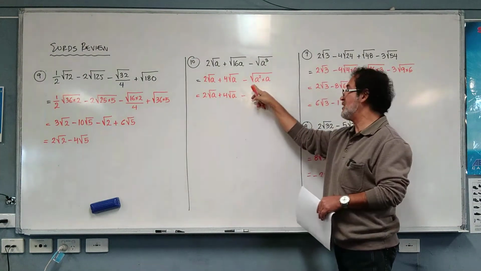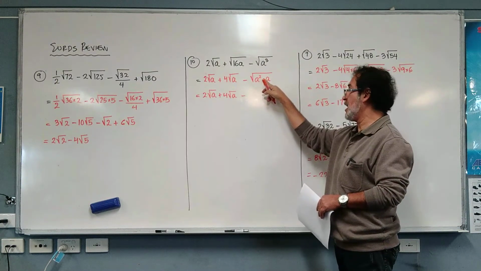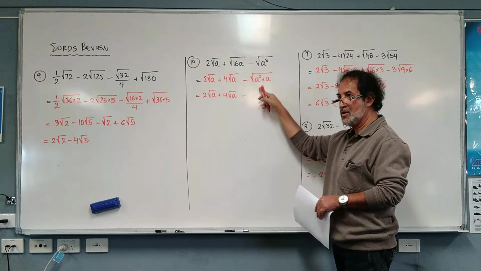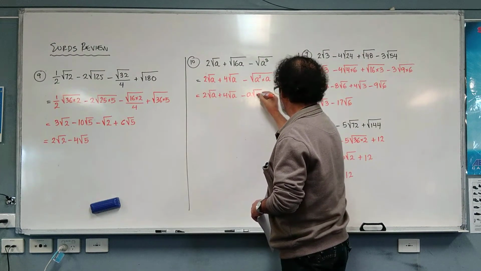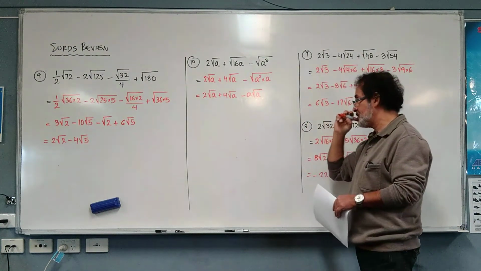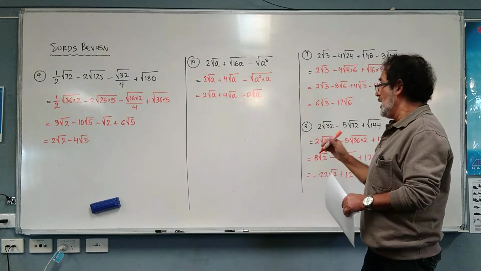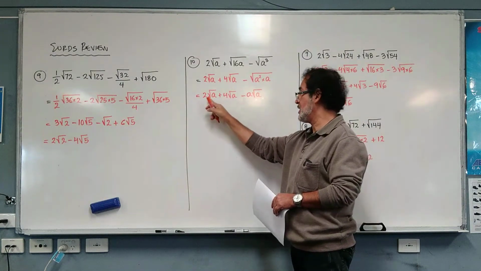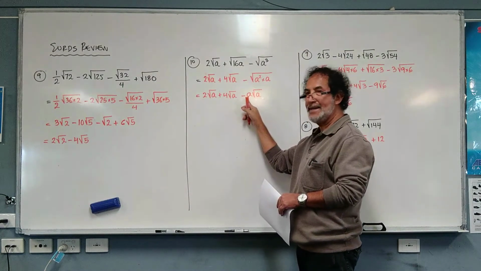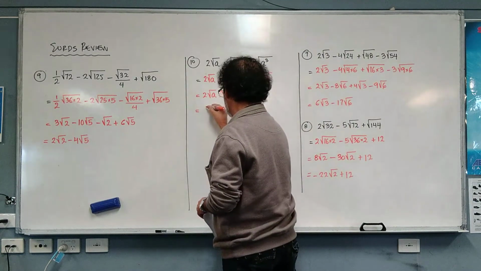So I mean that we're going to have 2 square root of a plus 4 square root of a. And then, do you remember that the square cancels out the square root? Yeah. So I mean that you can put this a out, and then you're going to have that. And then we're going to have 2 plus 4. Okay, so we're going to have 2 plus 4 minus a. Or we can do it step by step.